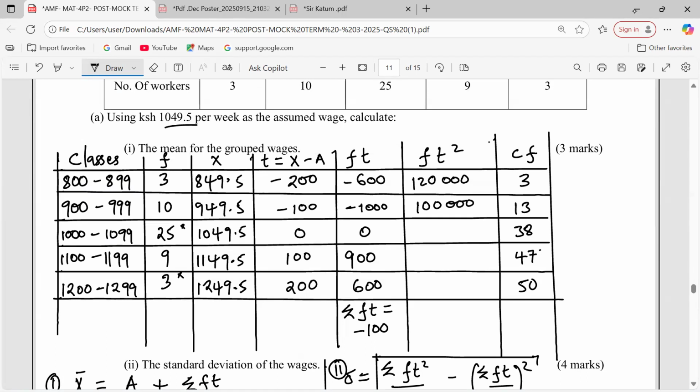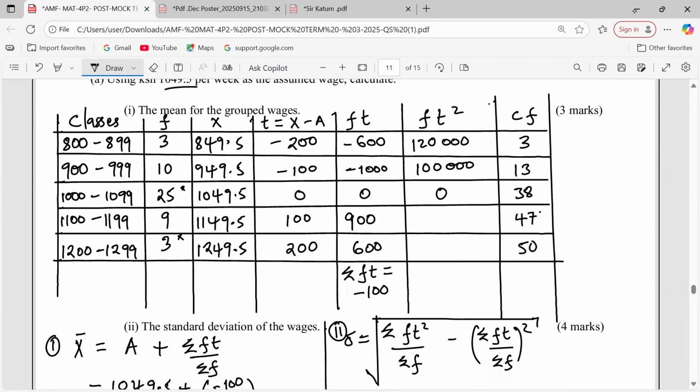The next should become 0 because 25 times 0 squared is just 0. 9 as frequency should multiply 100 squared, giving us 90,000. And finally, 3 should multiply 200 squared, which is 120,000.